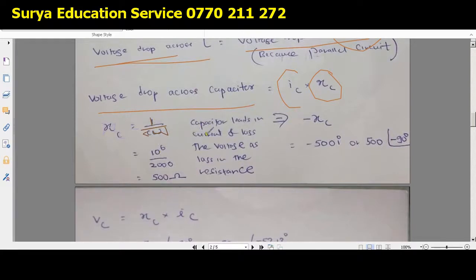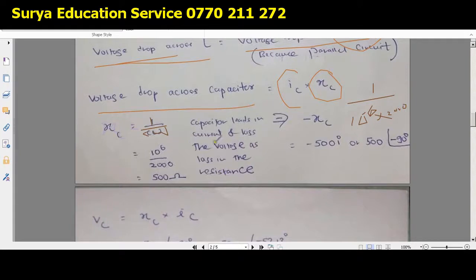So that means 1 divided by 10 to the power minus 6 multiplied by omega, which is 2000. So this 10 to the power minus 6 will go up. So 10 to the power 6 divided by 2000. So the value would be 500 ohms, right? So guys, that is the case.